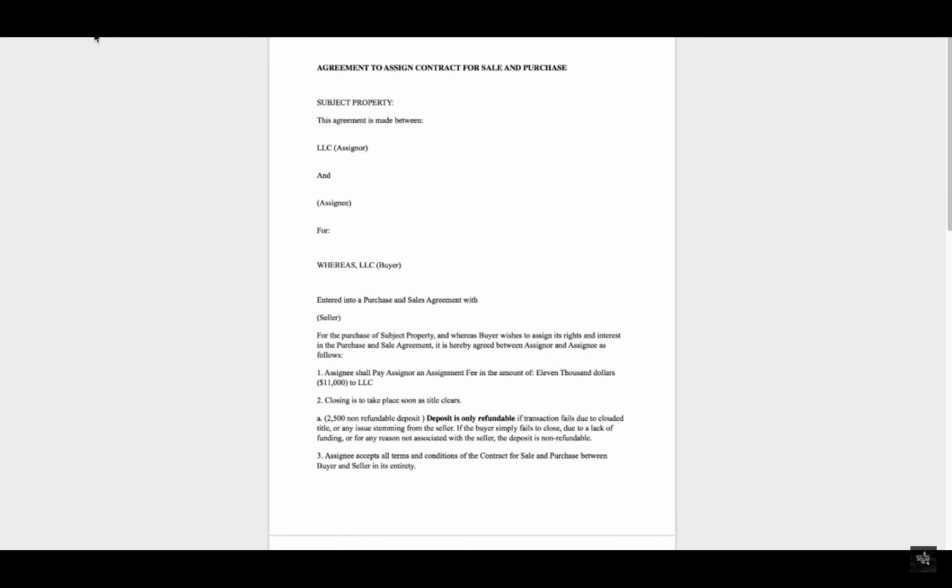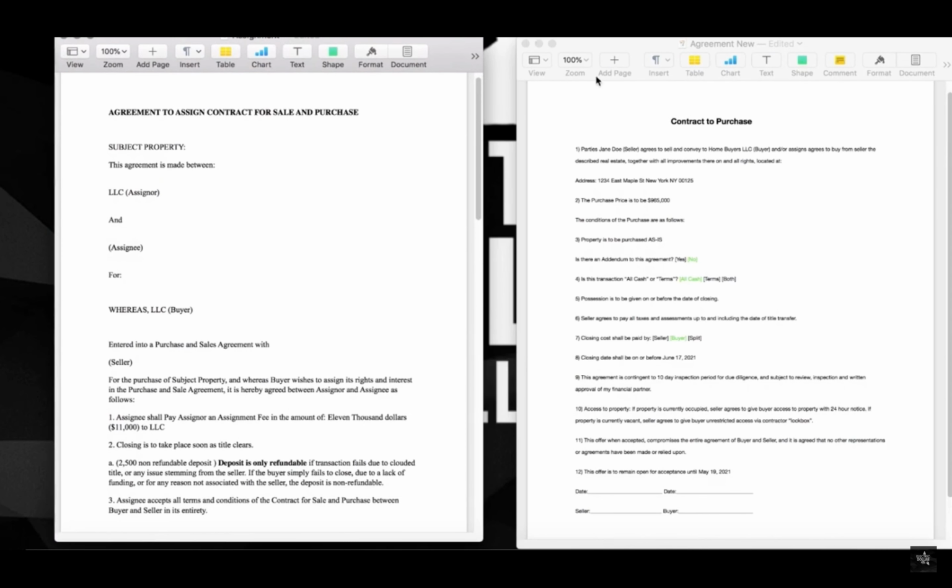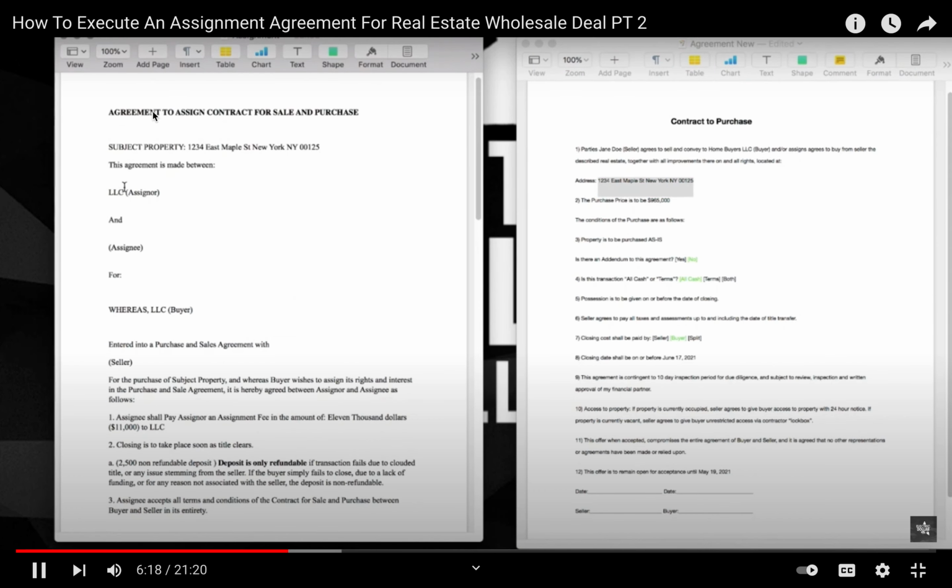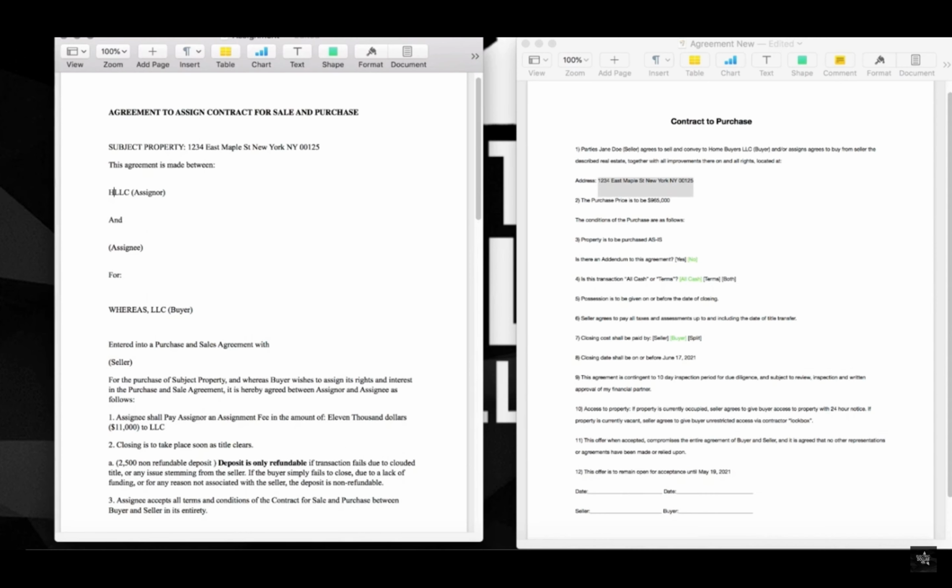So here we are back on the assignment. So we're going to take the address from the purchase agreement, whatever property that you're looking to use, and you're going to add the address to the subject property. And then you're actually going to be the assignor.